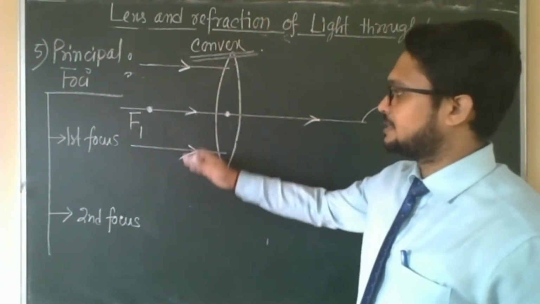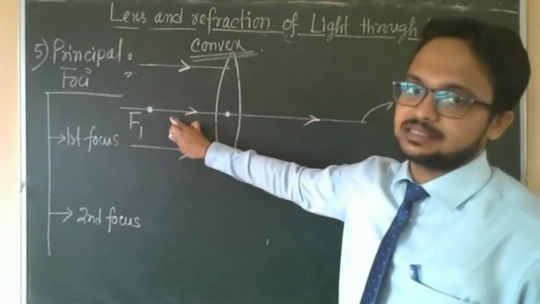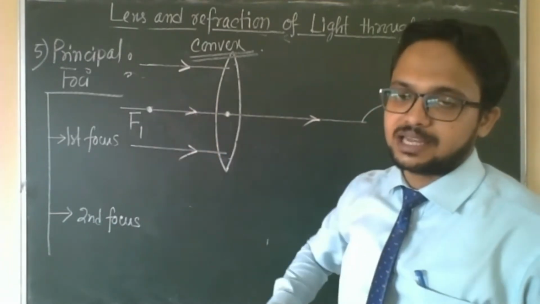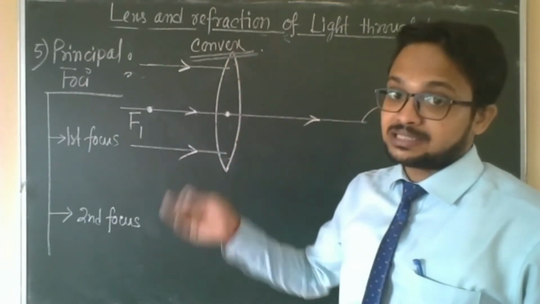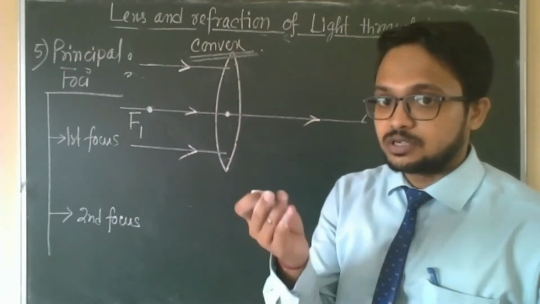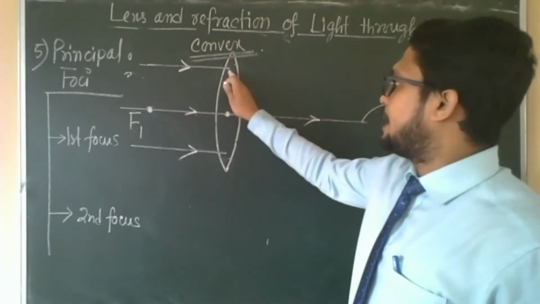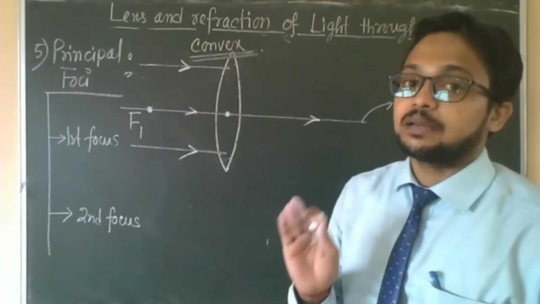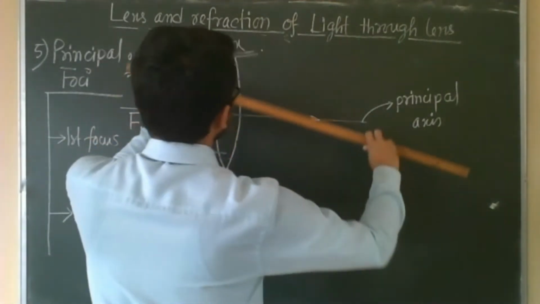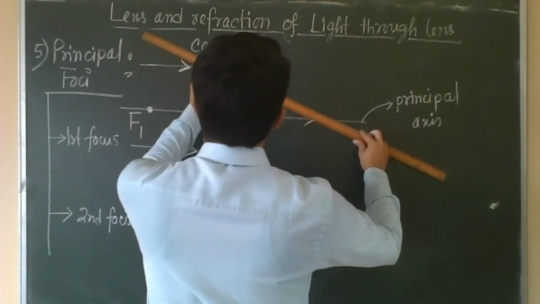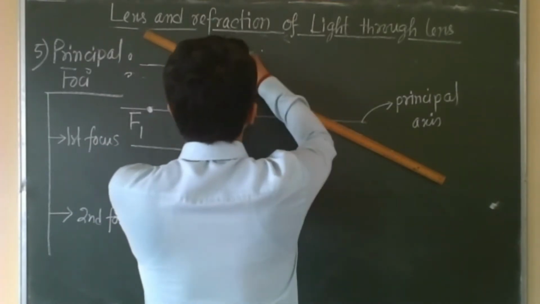If we take the incident rays parallel to the principal axis, and they are incident on a convex lens, and a convex lens, we know, is a converging lens, so after refraction they will converge at a point on the principal axis. Suppose here they are converging.